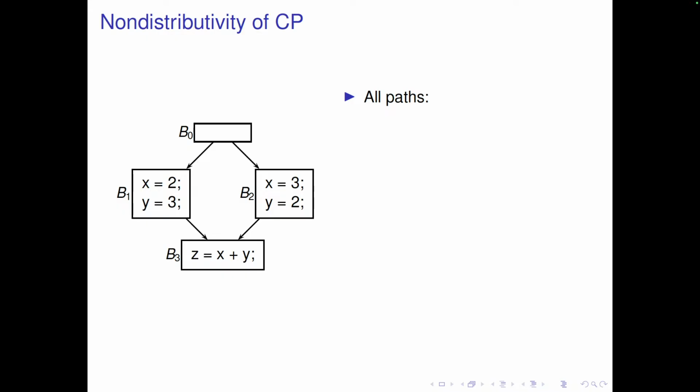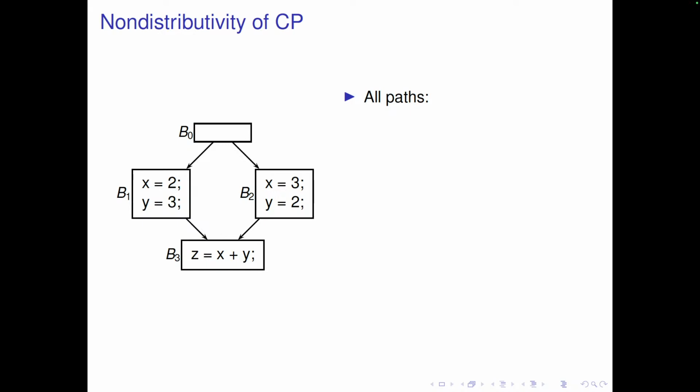Got it? Rather than combining values at the in point, why did you get x as NAC? Because you said x is 2 here, x is 3 here. At in of B3, x will be NAC, and y will be NAC. Then you used our table: NAC plus NAC is NAC.